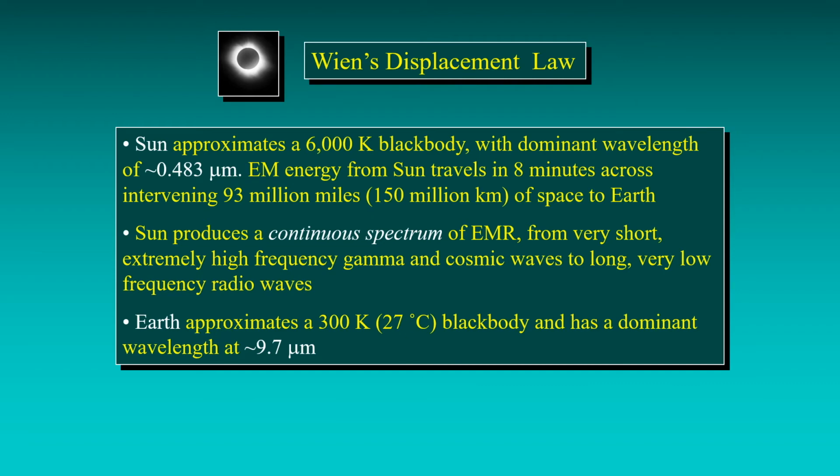And also remember that the Earth can also be considered a black body, but it's a much cooler black body. It approximates about a 300 Kelvin black body, where the dominant wavelength, as determined via Wien's displacement law, is about 9.7 micrometers. So that's much longer wavelength radiation than what we have for the dominant wavelength of the sun.